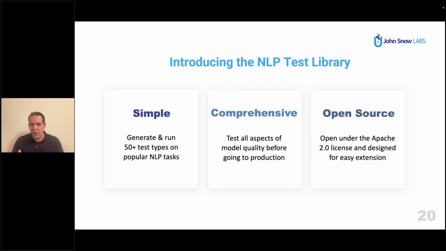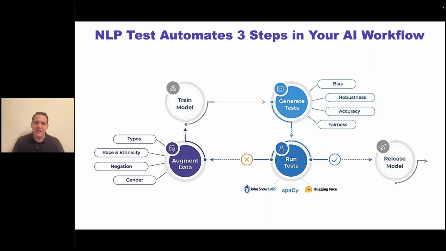And that's really just one example, on one modality, on text, with the goal of enabling you to comprehensively test all of the aspects that you need to test about an NLP model or large language models before you take it to production. So the goal is to put all of that together in one framework, and we'll show you how that's done. There are 3 tasks that the NLP Test Library can help you automate.